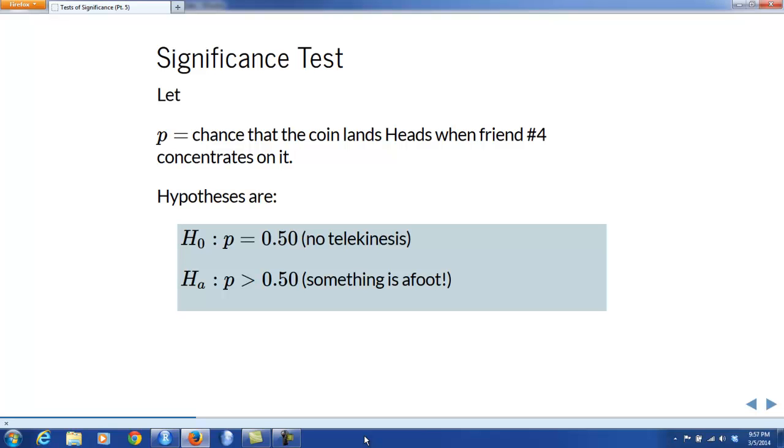Now, nobody knows this probability for sure, but you can imagine two hypotheses about it. Null hypothesis is that the probability is 0.50. It's a fair coin, and your friend has no telekinetic powers. The alternative hypothesis is that P is bigger than 0.5, so something's afoot here. Maybe your friend has some limited telekinetic powers.